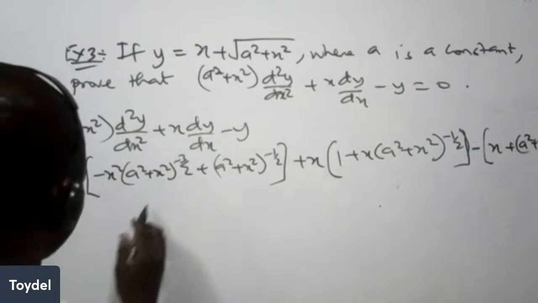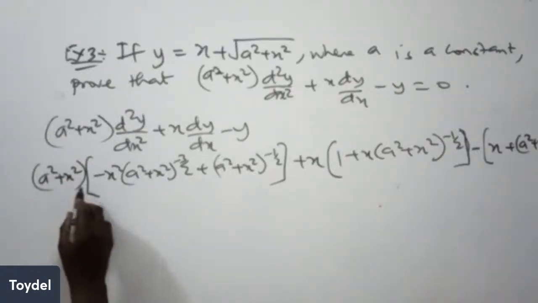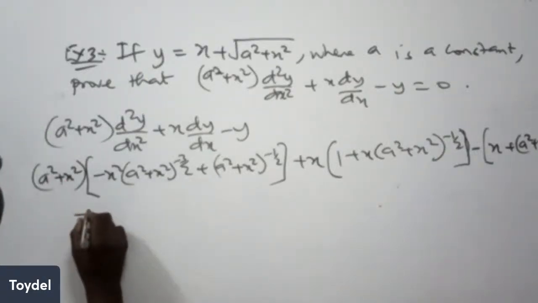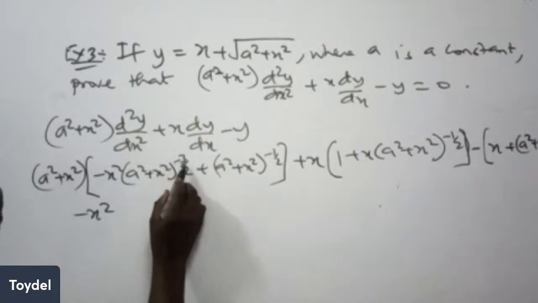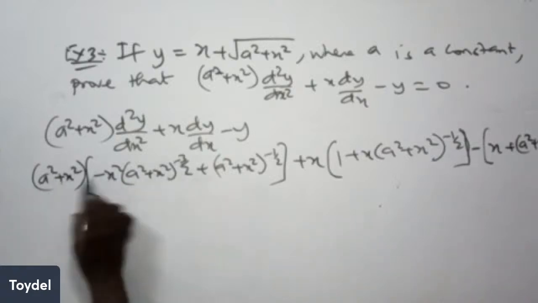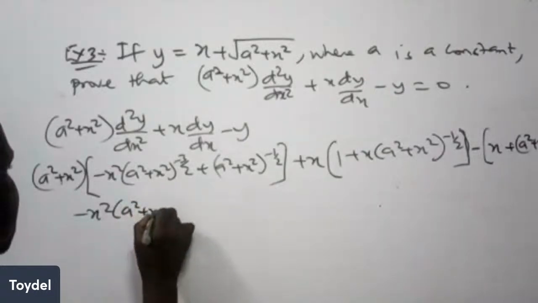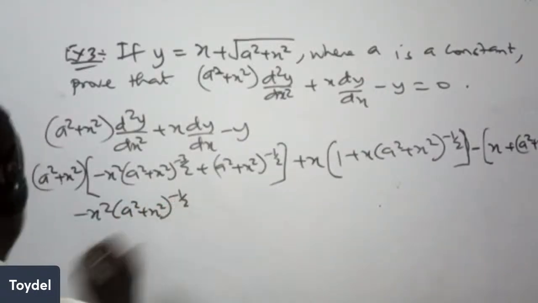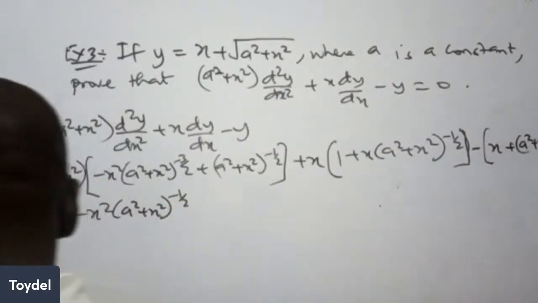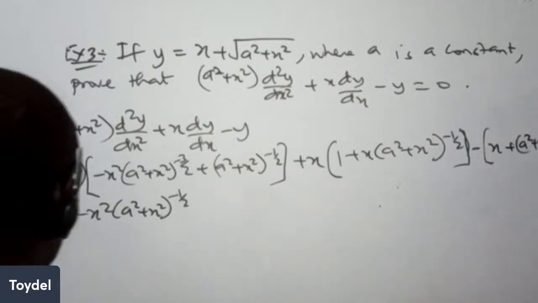So I can open up here. This is a² + s². If I use it to multiply this, I'm going to get -s²(a² + s²)^(-3/2 + 1), using the law of indices, that will be (a² + s²)^(-1/2). If I do that correctly, that is what I'm going to get.